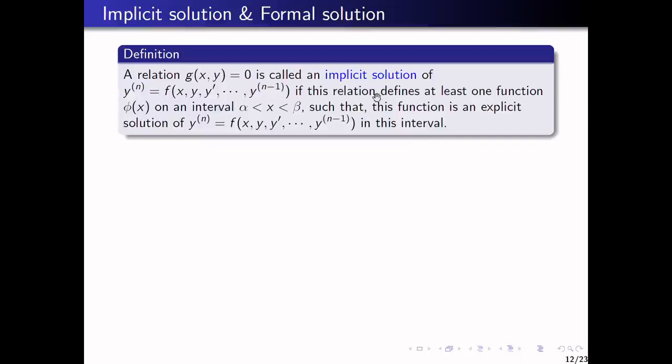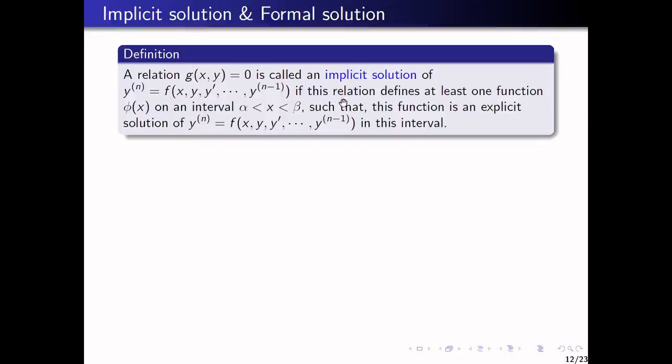This expression is called the implicit solution of nth derivative of y is equal to f of x, y, y dash, and so on up to the (n minus 1)th derivative of y. So g x comma y is equal to 0 is called an implicit solution of the differential equation.